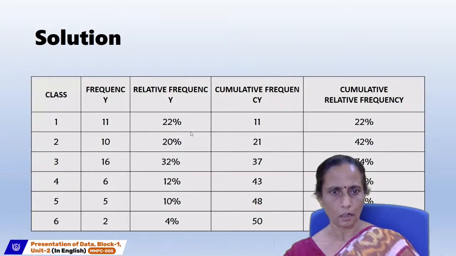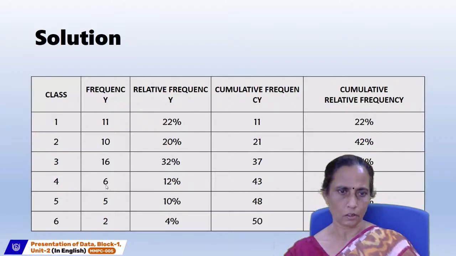The relative frequency is 11 divided by the total: 11 plus 10 is 21, plus 16 is 37, plus 6 is 43, plus 5 is 48, plus 2 is 50. So it will be 11 by 50 into 100%.